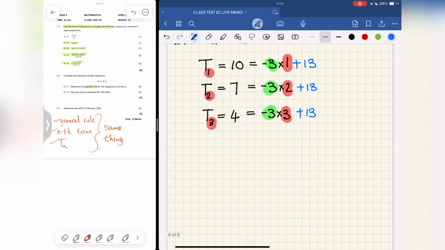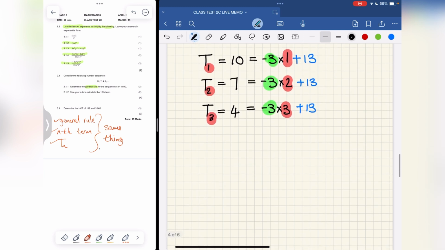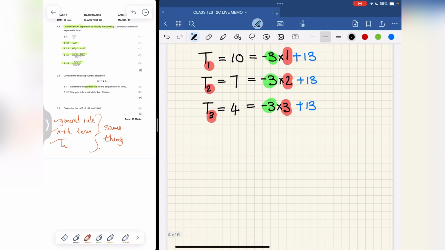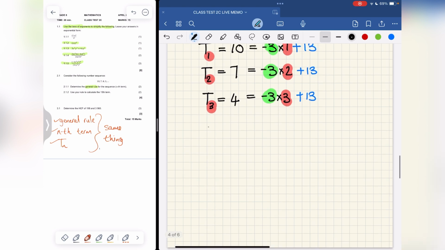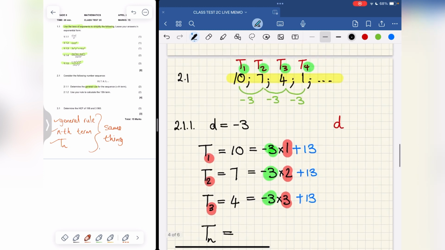So if it works with T1, T2, and T3, we want to find what is Tn. We cannot put a number here, because Tn is a general term, so we don't know what it is. It can be any of the terms in the sequence.